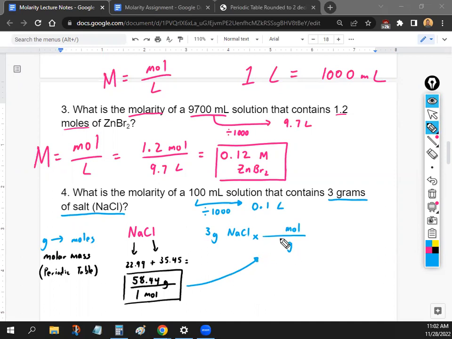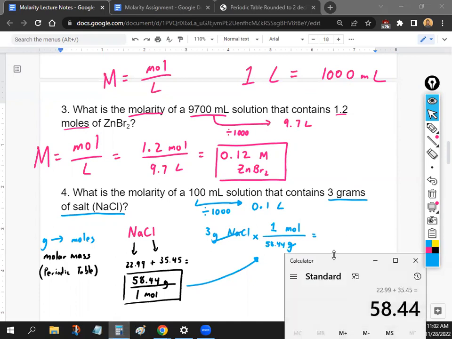All right, so what number should we put on the top of the fraction? Yeah, 1, because it's 1 mole, right? So we're going to put 1 on the top. And then what number should we put on the bottom of the fraction? Yeah, 58.44. Good. The reason why we do that is so that the grams disappear and we're just left with moles.